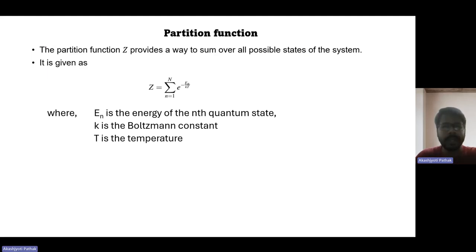Partition function Z provides a way to sum over all the possible states of the system, and it is given as Z equal to summation over n e to the power minus En by kT, where En is the energy of the nth quantum state, k is the Boltzmann constant and T is the absolute temperature.